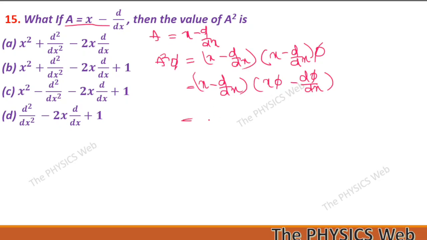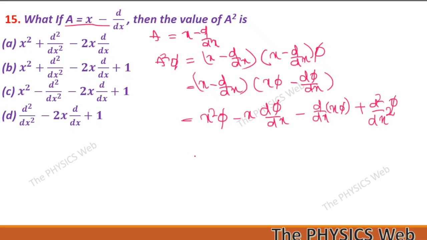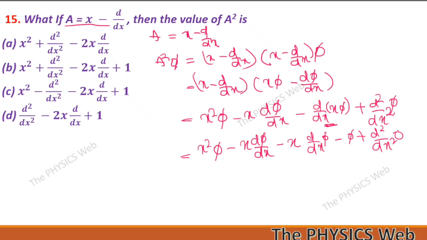So this equals x square phi minus x d phi by dx minus d by dx of x phi, plus d square by dx square phi. Now from here there will be two terms: one is minus x d by dx phi, and the other is minus phi dx by dx, that will be 1, plus d square by dx square phi.